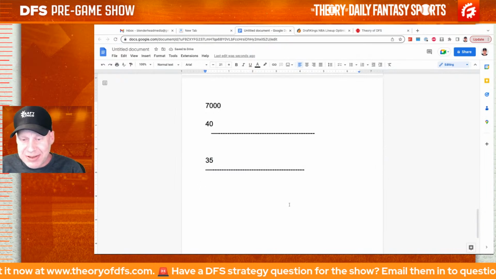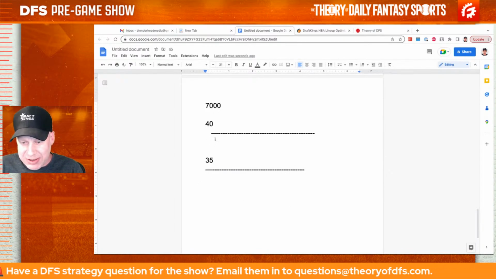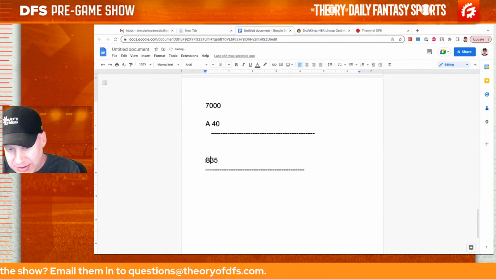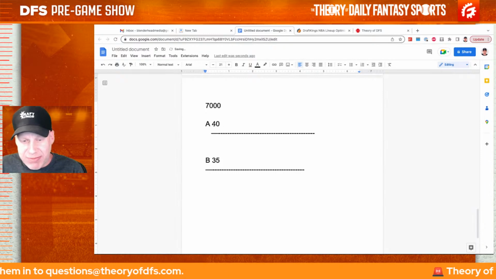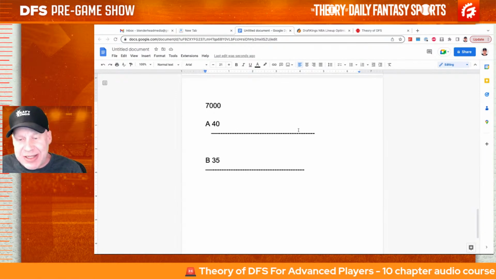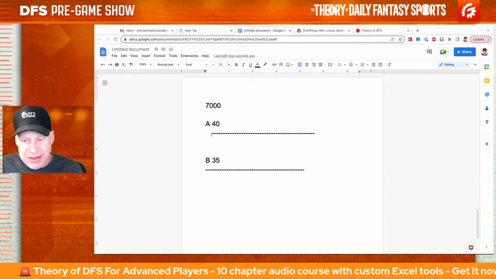So the range of outcomes here, let's call them player A and player B. A has a 40-point mean, B has a 35-point mean. If we take the floor versus ceiling, the 15th and 85th percentiles, this is what the lines would look like.